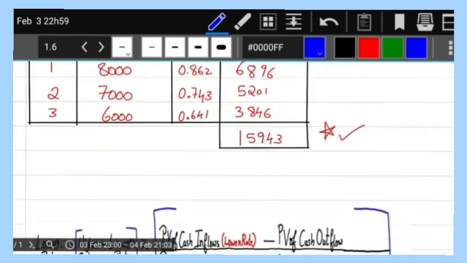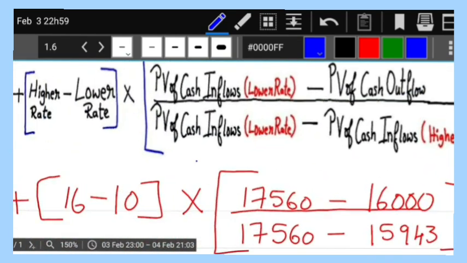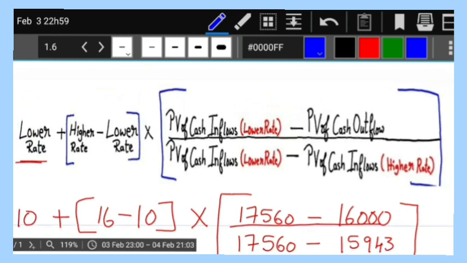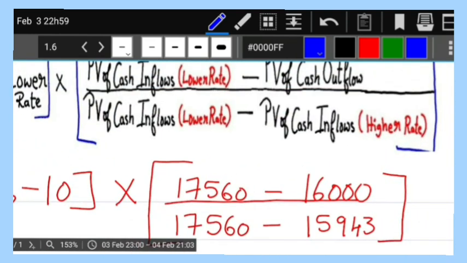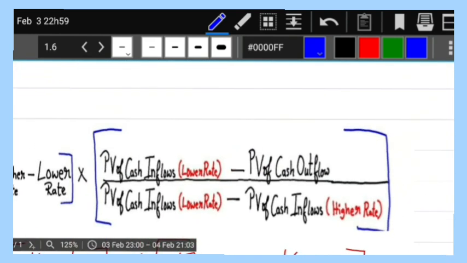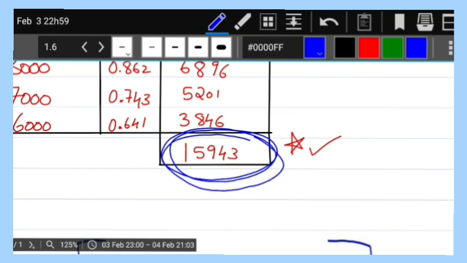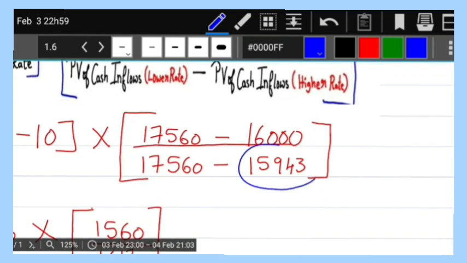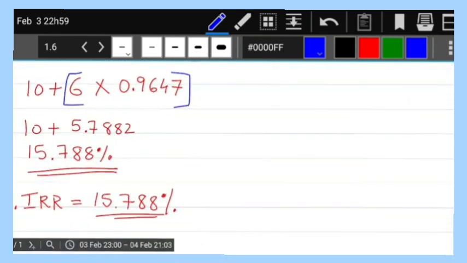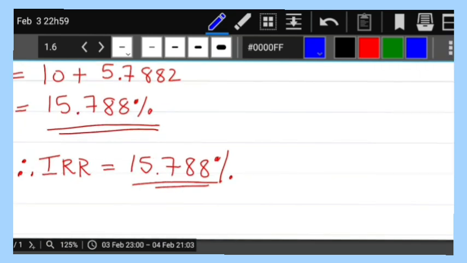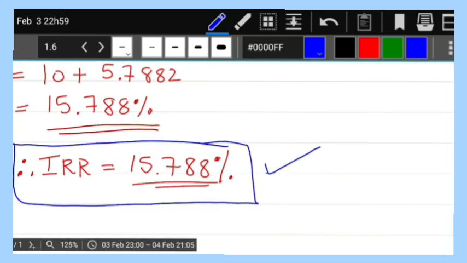Divided by 17,560 minus present value of cash inflows at higher rate, the second table total value 15,943. The same you have to write, then calculate. IRR is equal to 15.788%. So this is the answer.